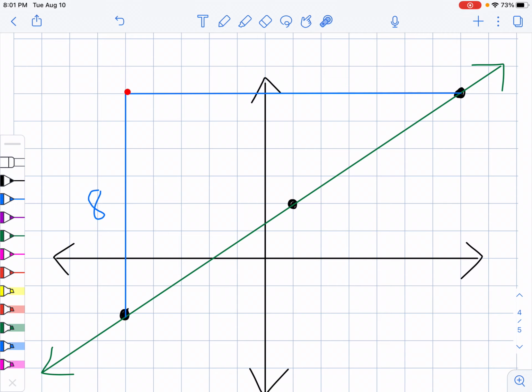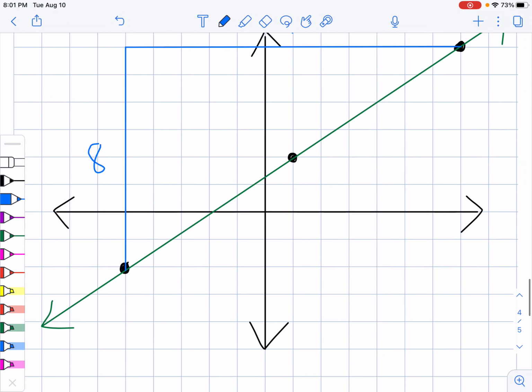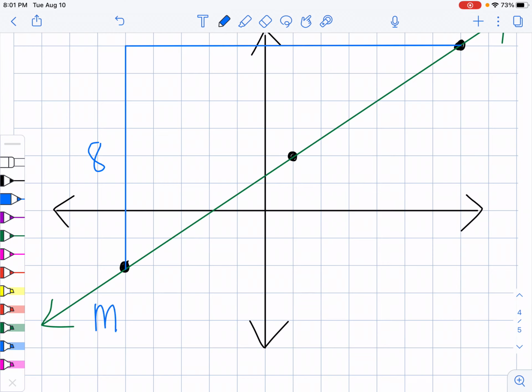And then over, 1, 2, 3, 4, 5, 6, 7, 8, 9, 10, 11, 12. Okay, so my slope is my rise. Remember, I went up 8, right 12. So up is positive, right is positive.